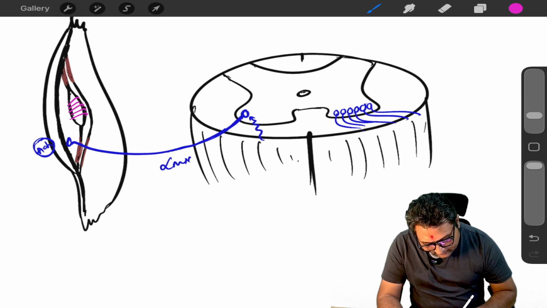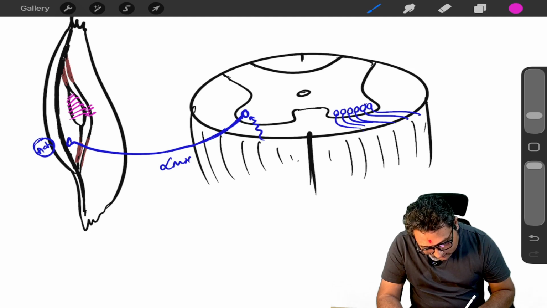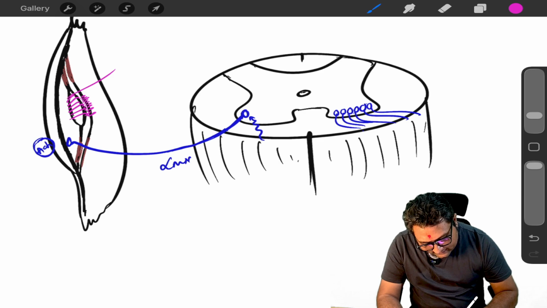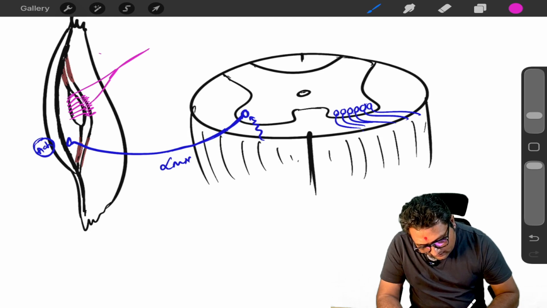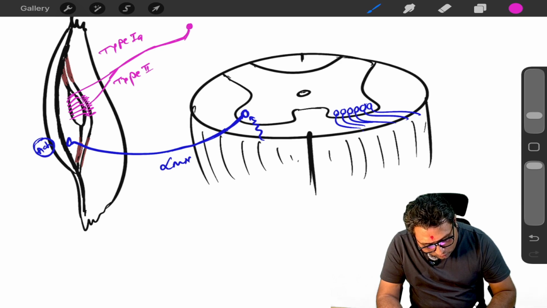Now from the sensory unit, the muscle spindle, come the primary and secondary nerve endings, which loop around the bag fibers as well as chain fibers. These primary and secondary nerve endings are the type 1A and type 2 fibers. These afferent sensory fibers pass through the dorsal root ganglia.